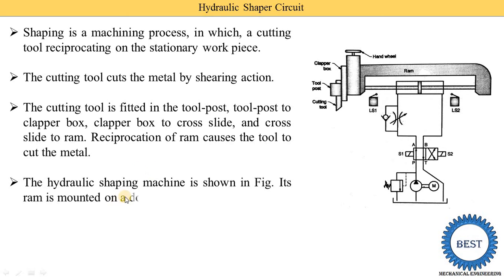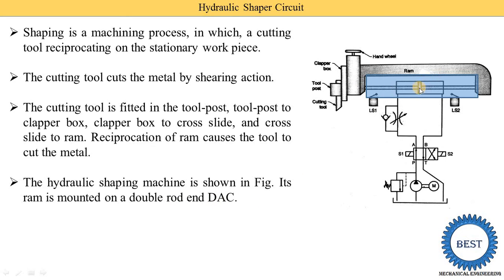The hydraulic shaping machine is shown in the figure. Its ram is mounted on a double rod, double acting cylinder. Here you see this is the ram of the shaper machine. Why is it a double rod?